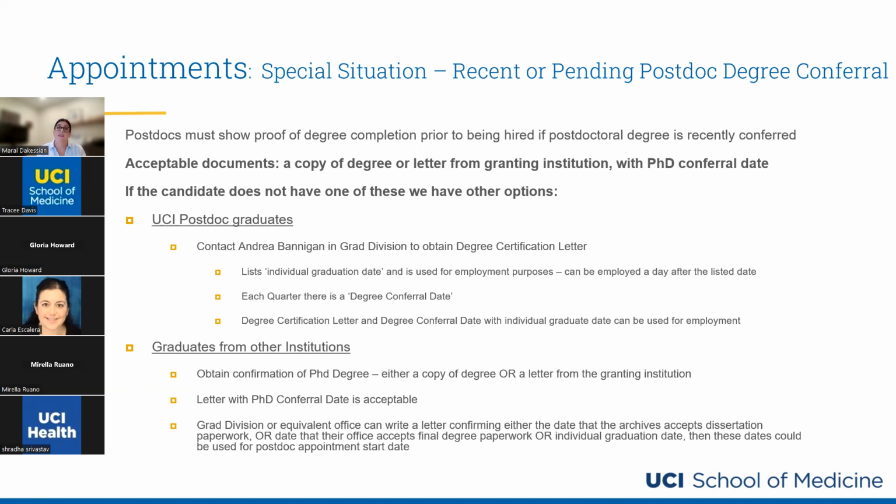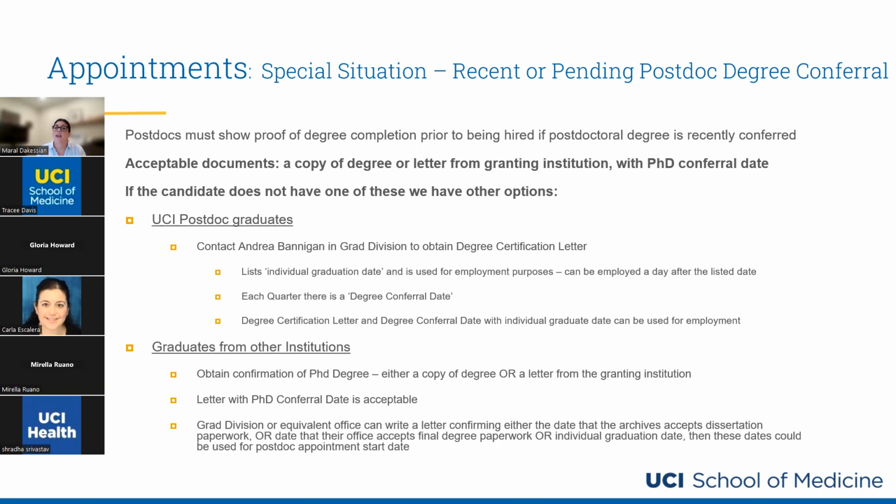If the candidate does not have one of those, then we have a couple other options. If they graduate from UCI and they get their PhD from UCI, you can contact Andrea Bennigan in Grad Division, and she can help you get a degree certification letter. If they're from another institution, you can get either the degree or a letter from the granting institution that has the PhD conferral date.